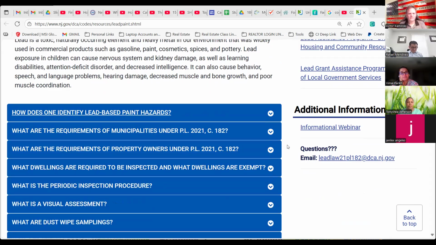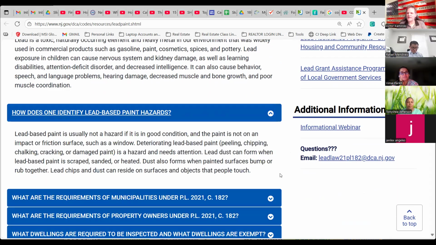How does one identify lead? Well, remember, 3M got that cotton swab that turns red if it touches lead. If it's red, it's lead. But you could also see peeling and chipping paint. That's a sign of lead-based paint.